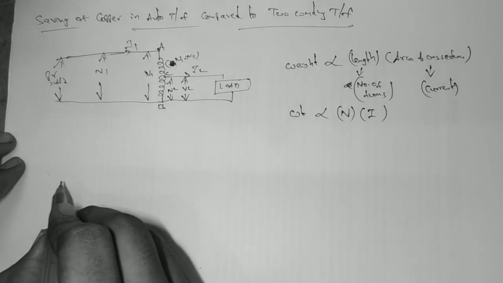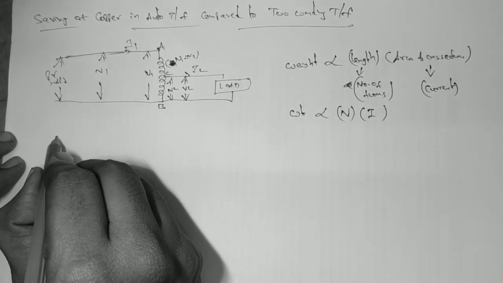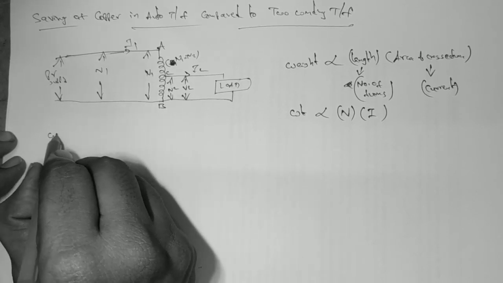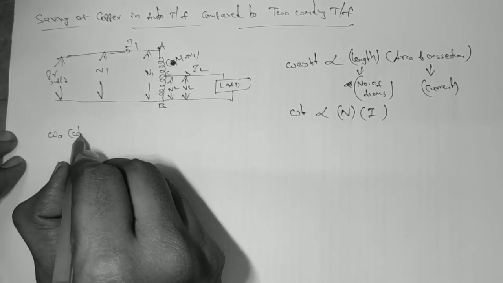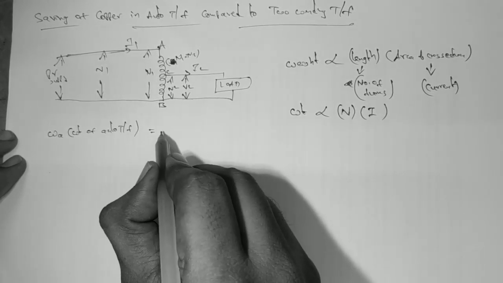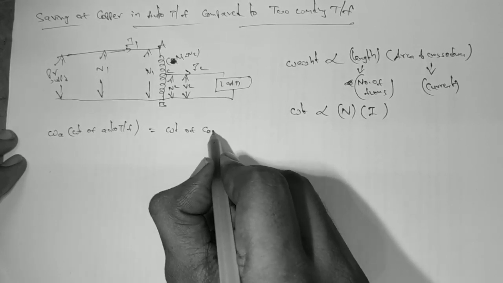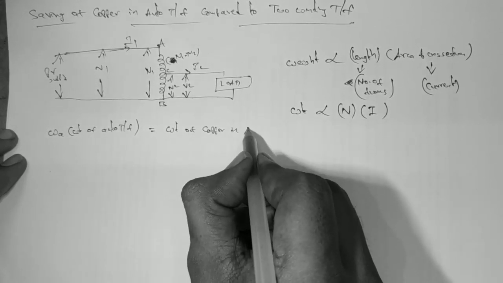Let us consider the weight of an auto transformer, WA. W is the weight and suffix A means auto transformer. The weight of the auto transformer will be equal to the weight of copper in section AC plus the weight of copper in section BC.